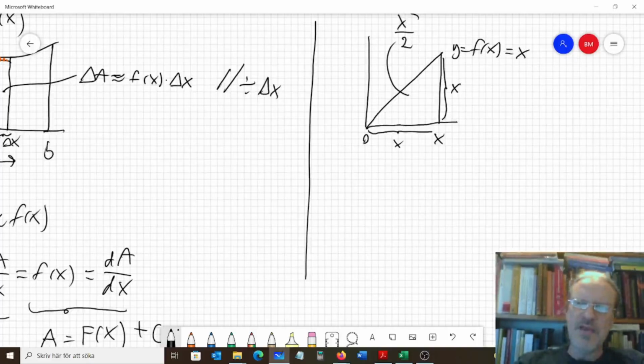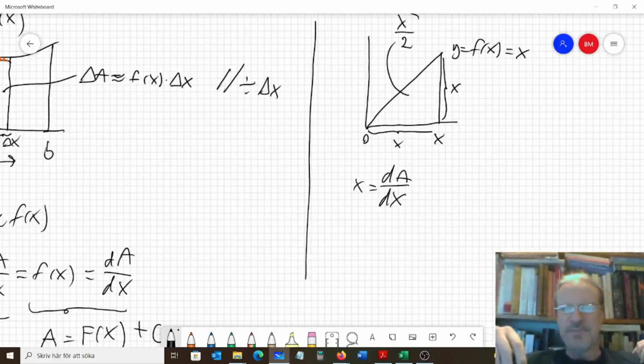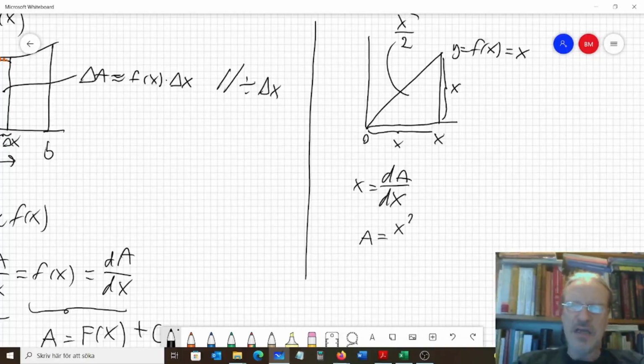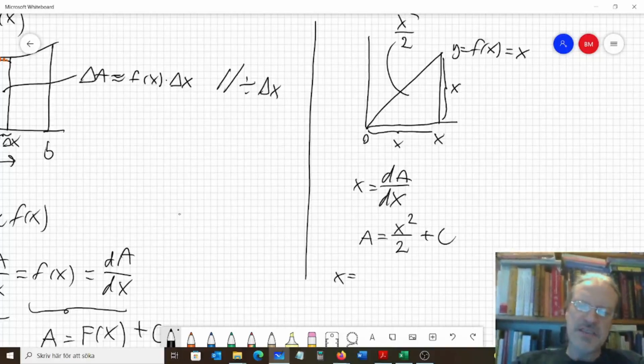Okay, so let's try to use the method we had over here. So I will write f of x, that is x, equals this. And we take the antiderivative of this, so that should give us that the area equals the antiderivative of x, and that should be x squared over 2 plus c, right? But if x is 0, we are over here.